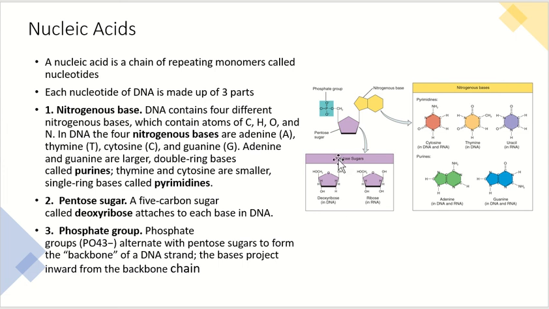Like we said, our PO4 with a -3 charge. And these are going to alternate with the pentose sugars to form the backbone of that DNA strand. And the bases are going to project inward from that backbone chain. So those are our 3 main components of the nucleic acid.